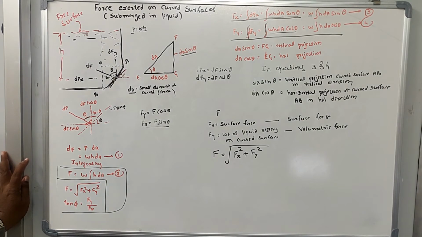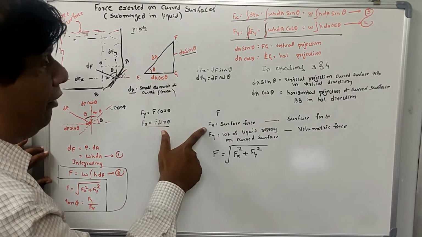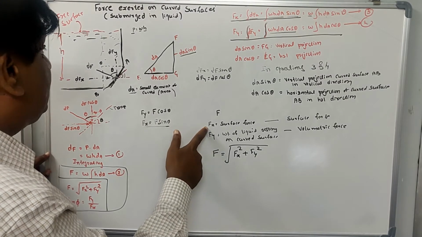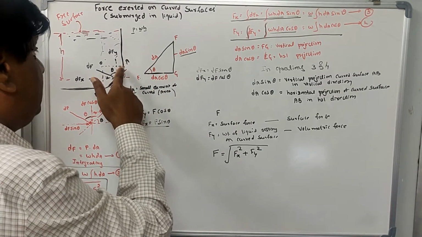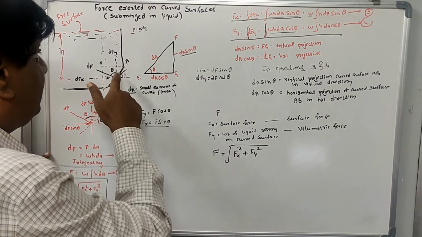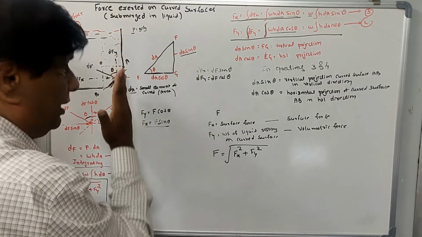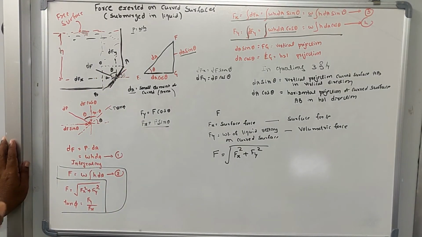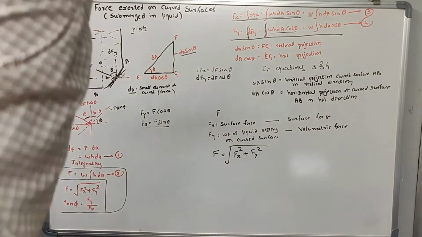Then calculate Fx, the surface force acting on the projected area of the curved surface in the vertical direction. Then you calculate the volumetric force. What is the volumetric force? It is nothing but the total weight of fluid resting on the curved surface.